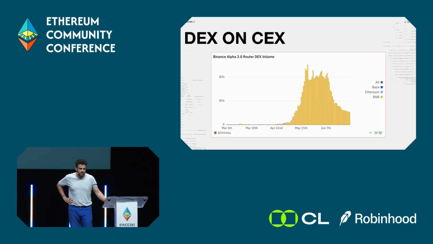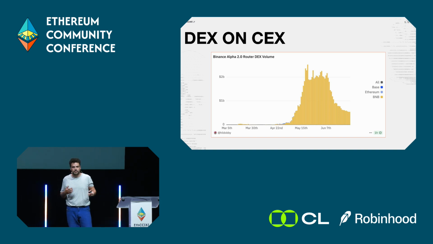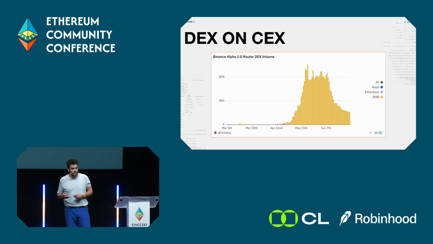And the whole reason is Binance recently launched what's called DEX on CEX. I don't know what would be the technical term, but essentially users on the Binance app can now go and trade decentralized exchange tokens, and Binance will do the bundling for them and route the transactions. So there's been a lot of volume coming on BNB as a result of this.